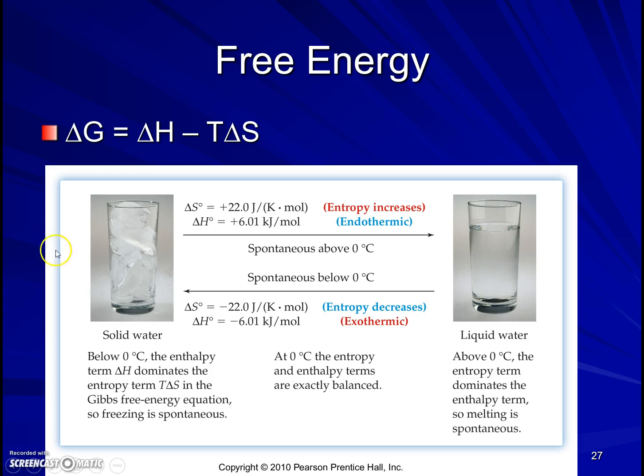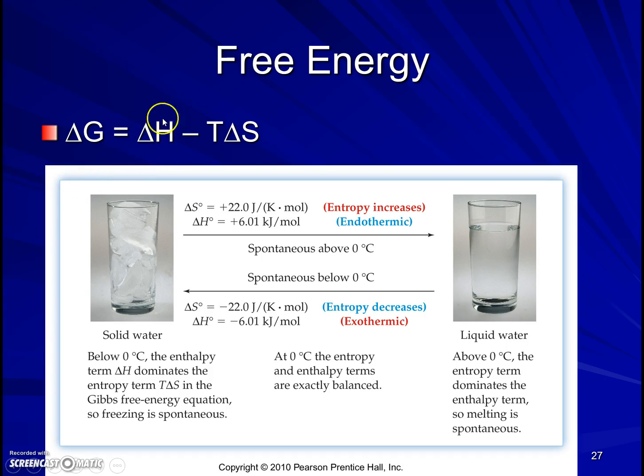But what we'll notice, for example, is that melting for water, for ice, is spontaneous at temperatures that are larger than 0 degrees and not spontaneous at temperatures that are smaller than 0 degrees. So that's where the temperature factor comes in. Melting makes the molecules more disorganized. So in that sense, melting should be a spontaneous process, but we have to put energy in.